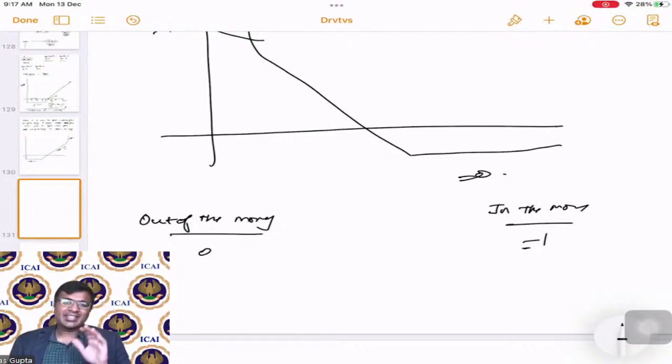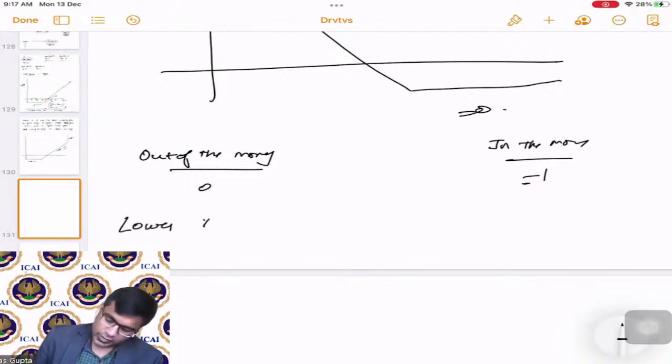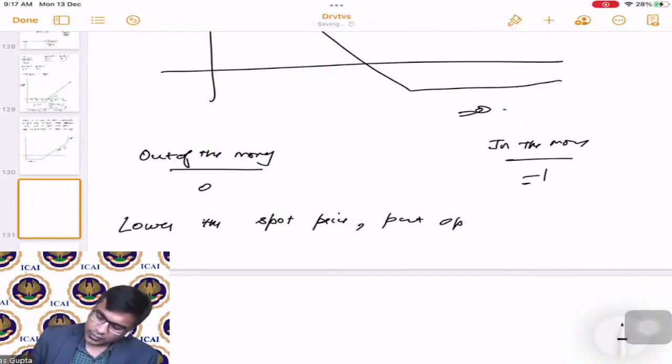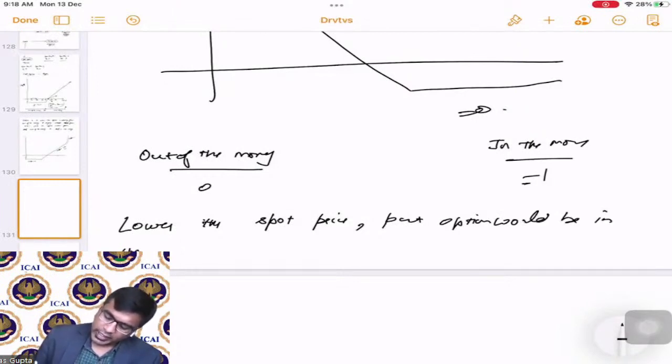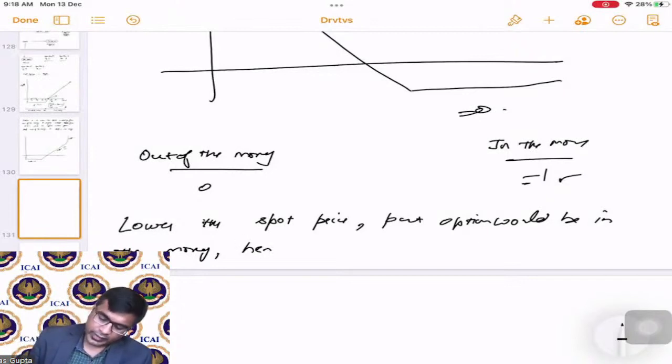Also, another conclusion that supports this is that at a lower spot price, the put option would be in the money. If it is deep in the money, the delta will become -1.